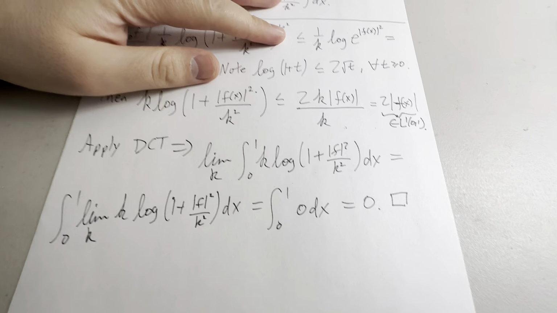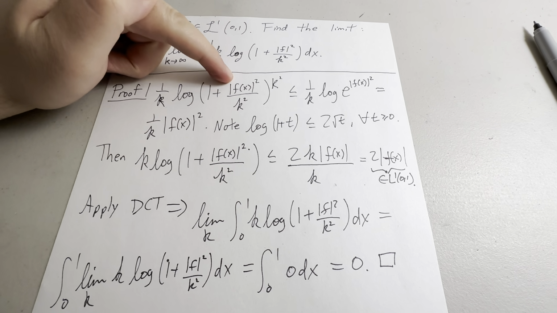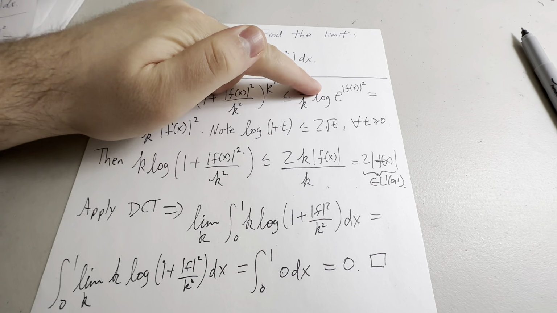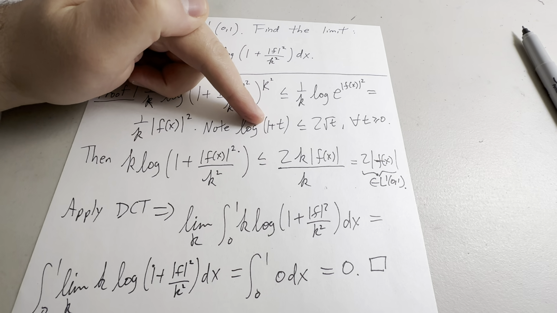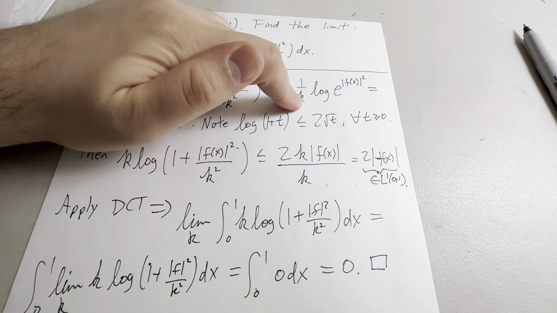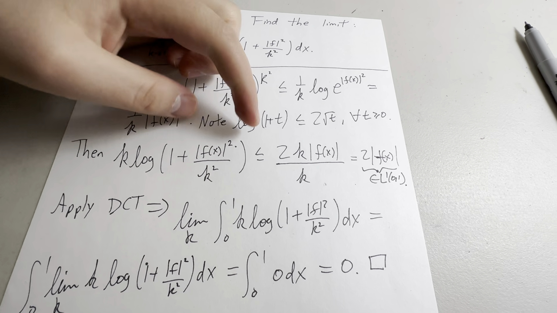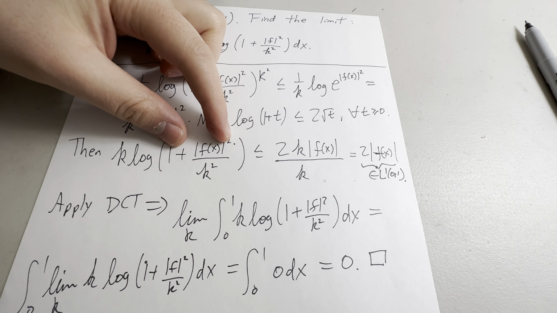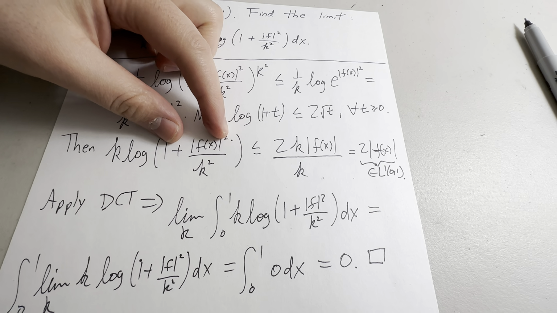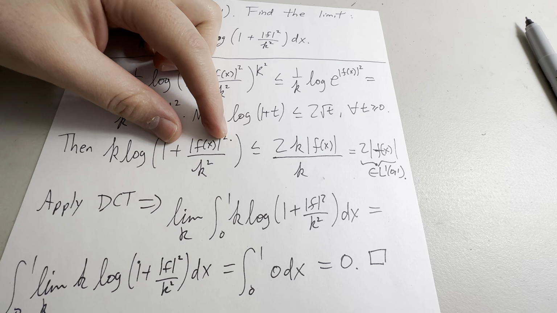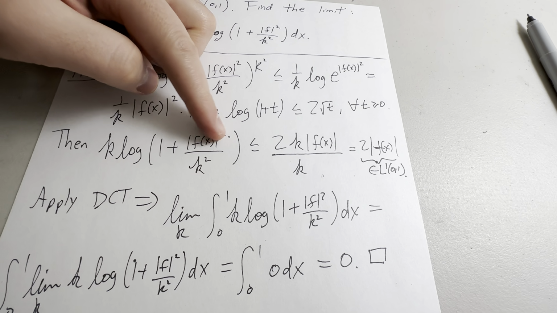So let's take a second to check our work. That makes sense. That comes down in front. We know that log of 1 plus t is less than or equal to 2 times the square root of t. So this is like our 1 plus t, and that's going to be less than or equal to the square root of the t part, which is this part here.